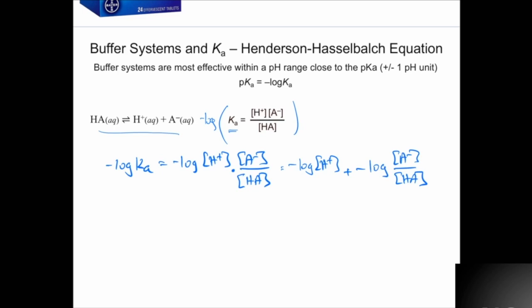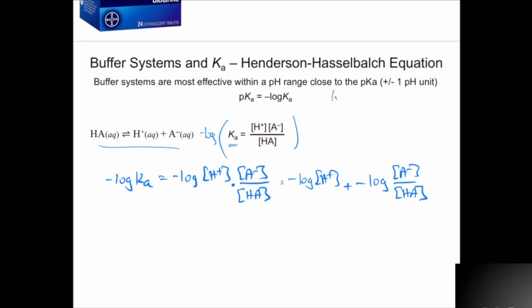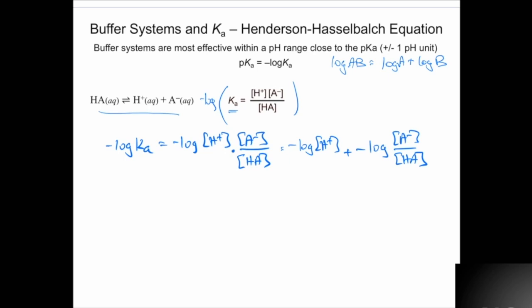Again, in case you're wondering, the magic there, that's just the log of AB is equal to the log of A plus the log of B. That's all I did there. I'm now going to remind you that this term here, this is the pH, negative log of H plus. So we're going to call this the pKa, negative log of the Ka.